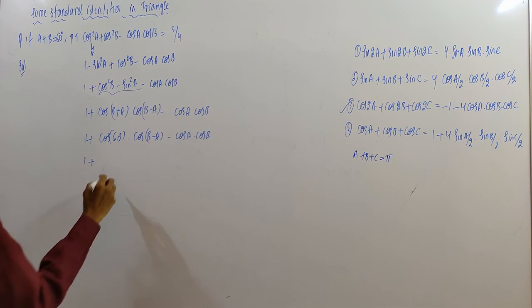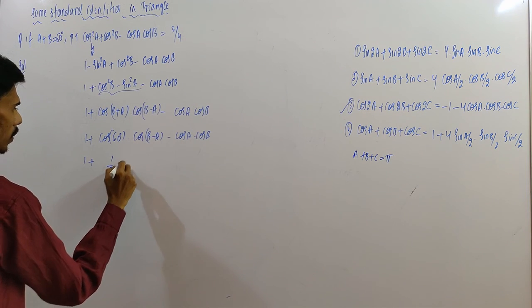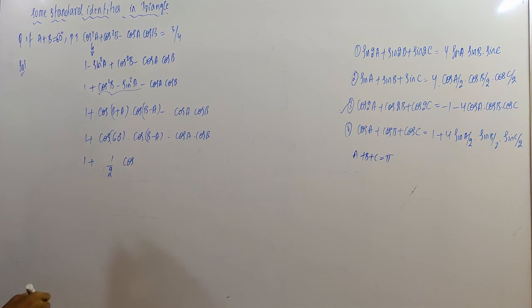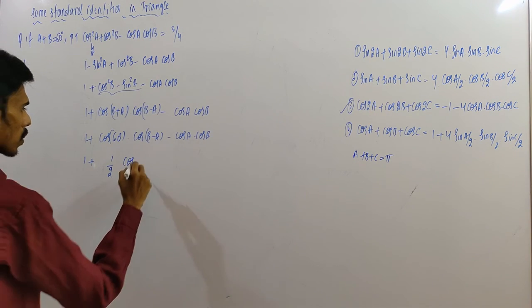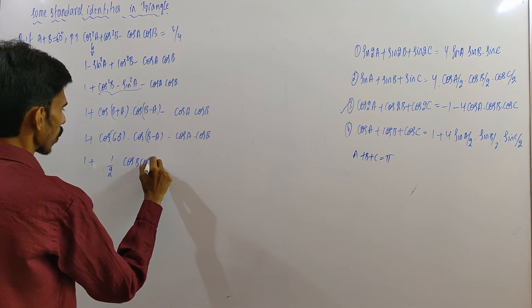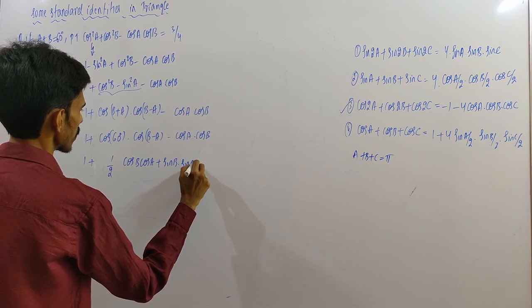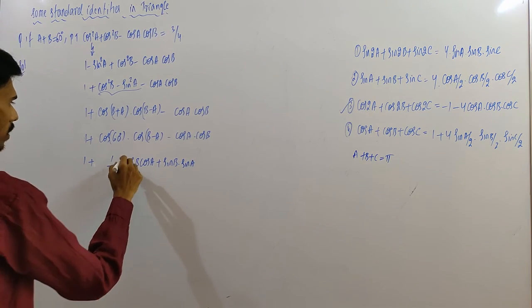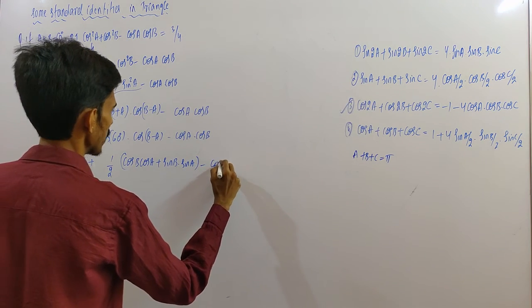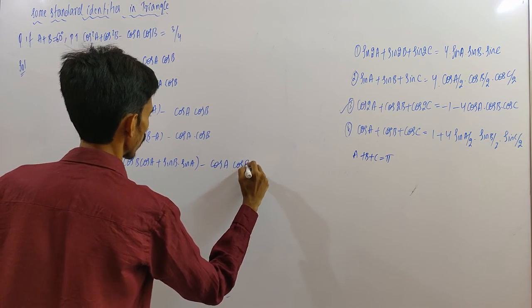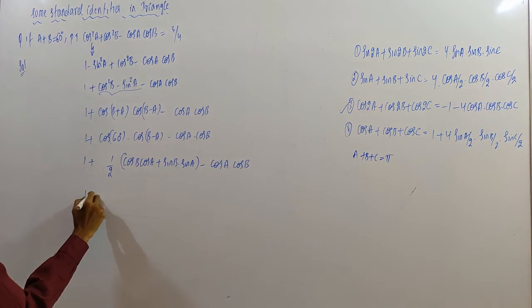Cos 60 value is 1 by 2, so it will become 1 by 2 cos, expand this cos A minus B, cos B cos A plus sin B sin A minus cos A into cos B. Take LCM.